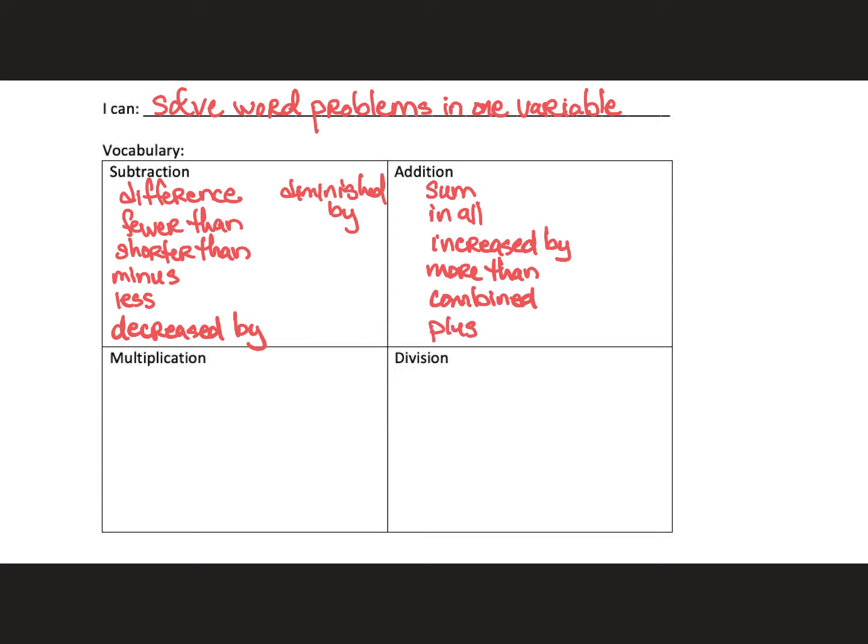So for multiplication, remember times is multiplication, twice, so that's like 2 times, and product is the mathematical way of saying multiplication. For division, we have quotient. Quotient is the mathematical word for division.